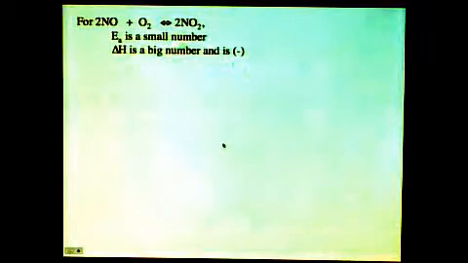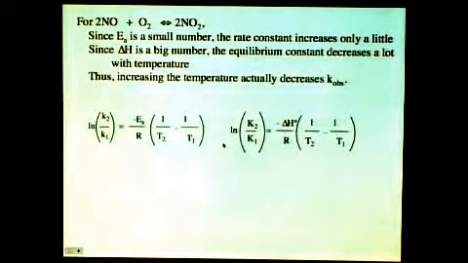It's an exothermic reaction. So if you have a very small number for EA, the rate constant will increase only a little bit. It's not that sensitive to a change in temperature because EA is a very small number. But if delta H is a big number, then the equilibrium constant would decrease a lot with temperature.